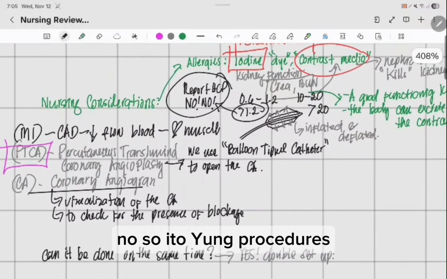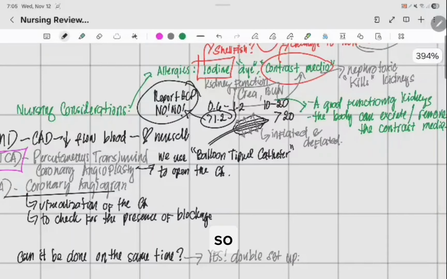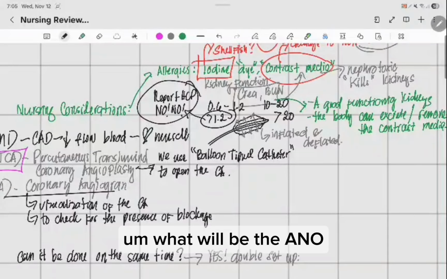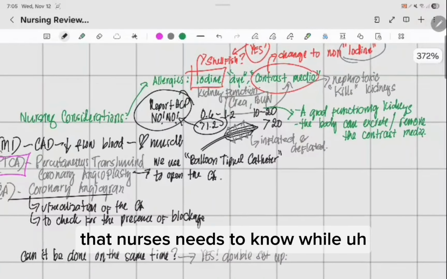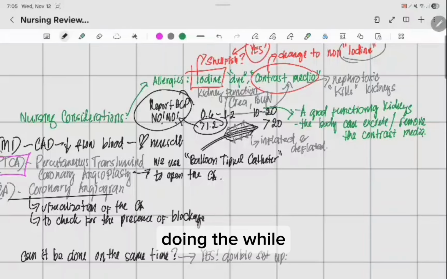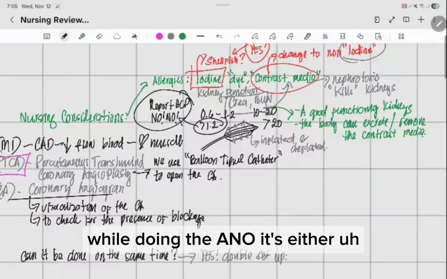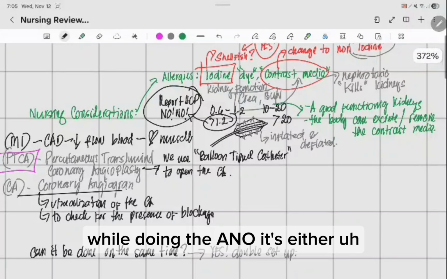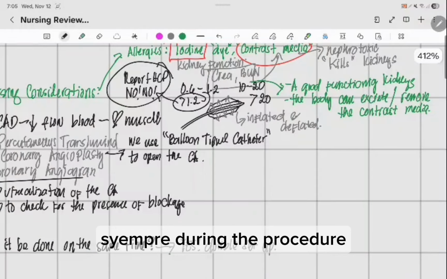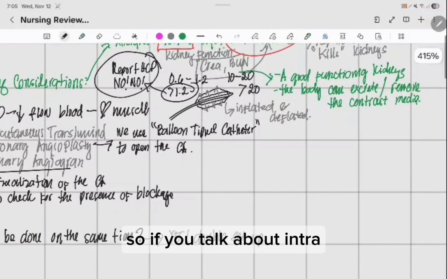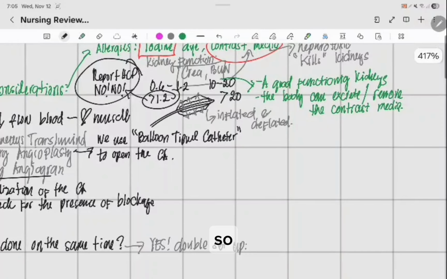So ito yung procedures. What will be one of the complications that nurses need to know, either intra, syempre during the procedure, muna? Complications during the procedure.